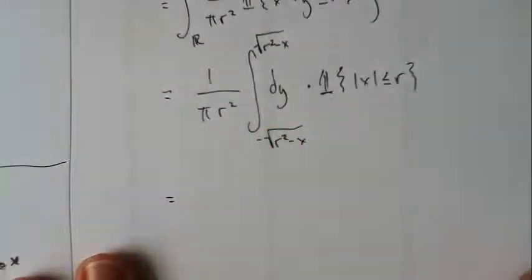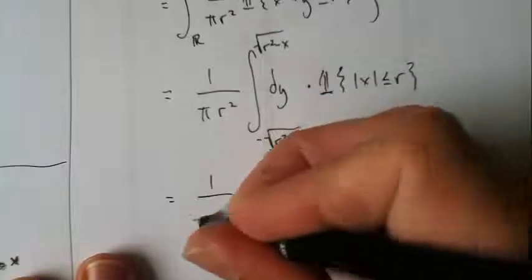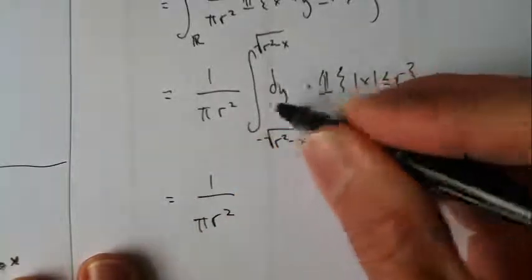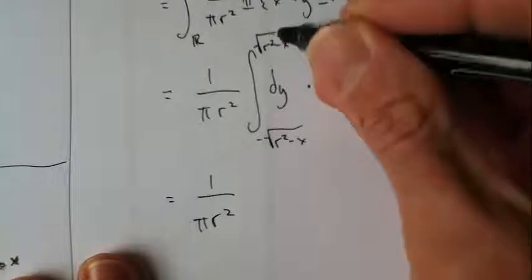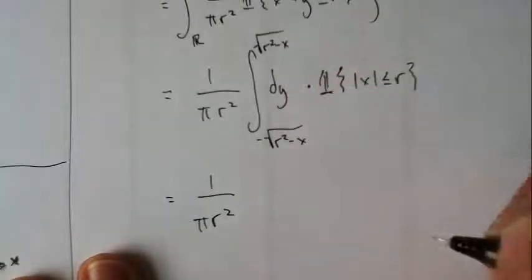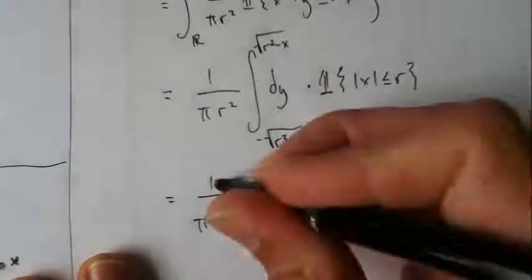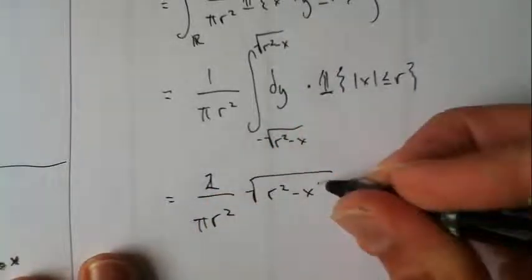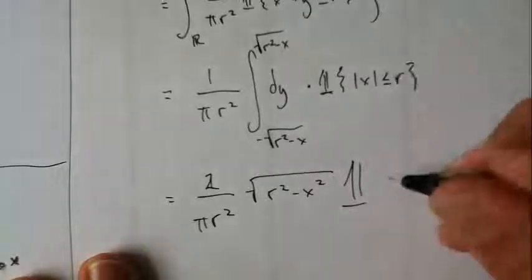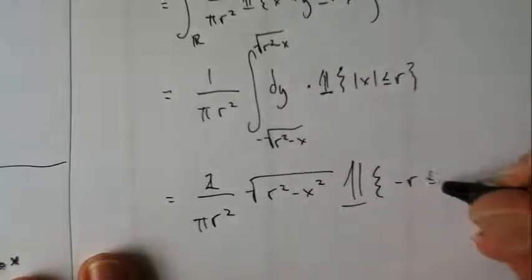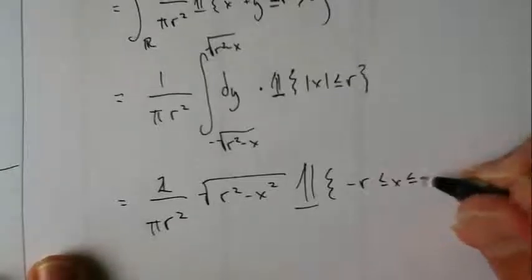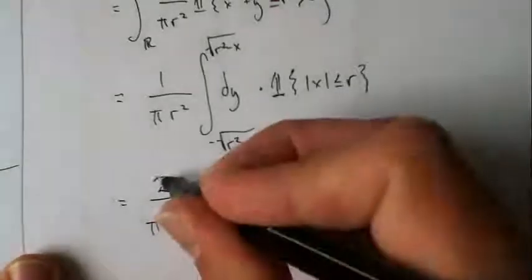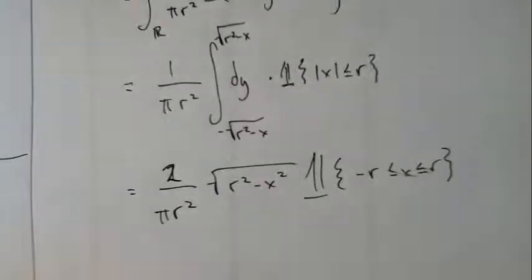So then, what is that? Oh well, that's just 1 over pi r squared. This becomes y evaluated at these limits, and I think it's 2 times root of r squared minus x squared, and then times that indicator function, that x is between negative r and r. So this is my marginal density function for x.